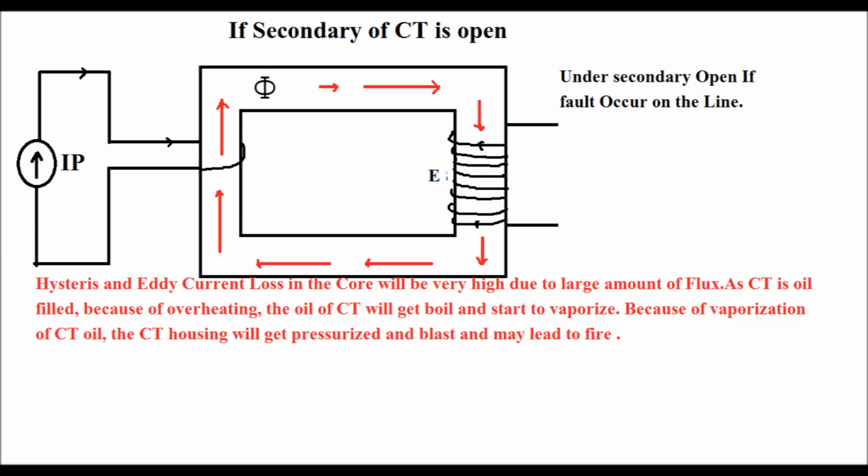Because of vaporization of the CT oil, the CT housing will get pressurized and it may lead to a blast of the current transformer, and also may lead to fire if the oil in the CT reaches the flash point of the transformer oil.